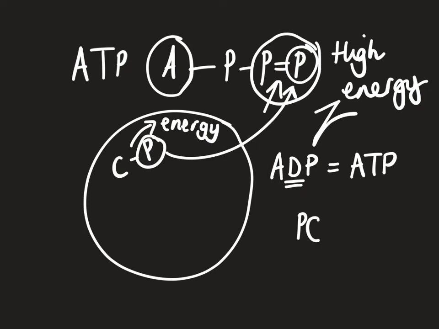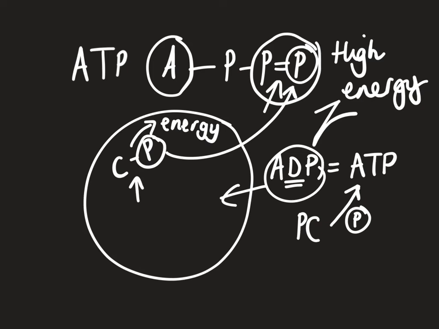So we've got phosphocreatine, we add in the phosphate ion only to resynthesize ATP, remake ATP from leftover ADP that we found in the muscle cell.